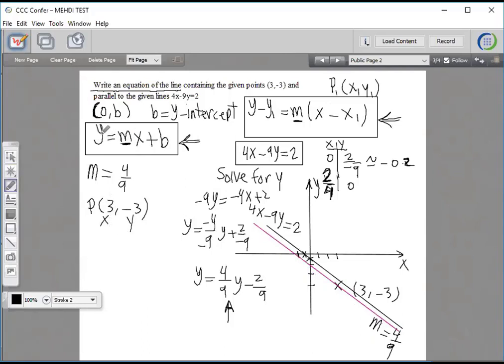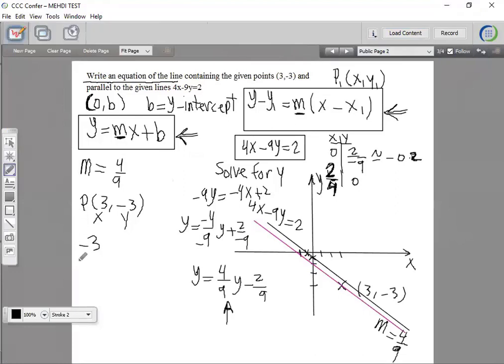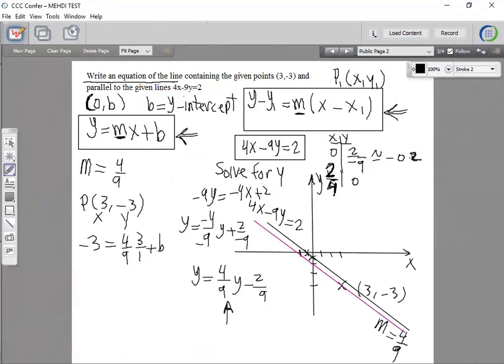If I substitute for each y negative 3, for each m 4 over 9, and for each x 3 over 1, I can solve for b. But once I solve for b, I'm done. I can write the equation of the line.